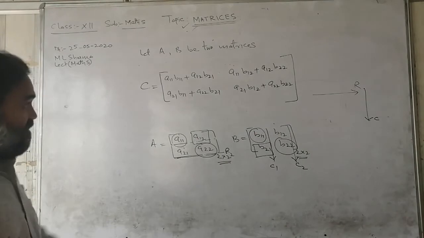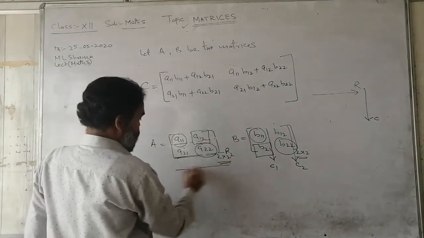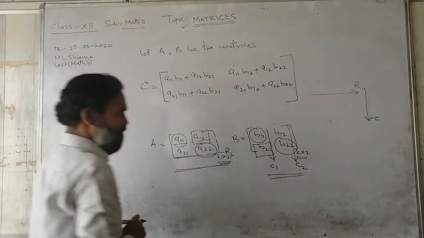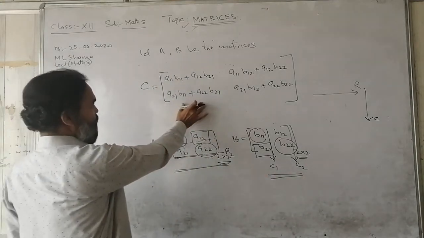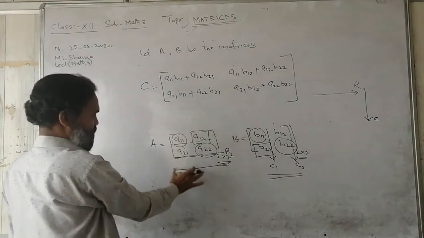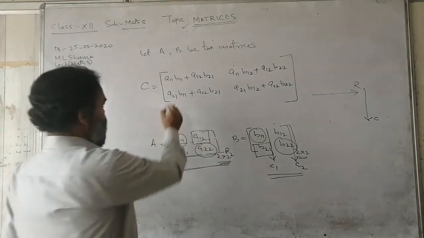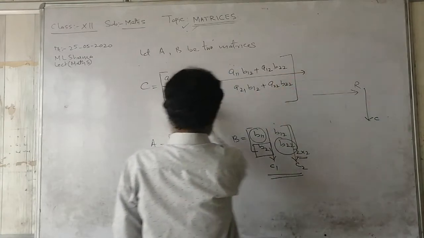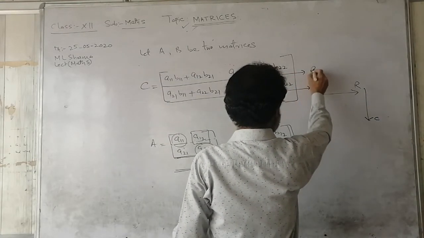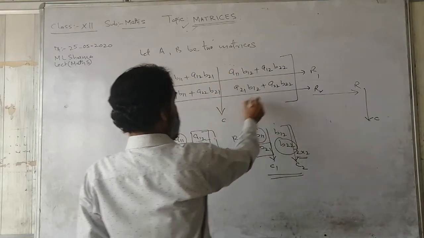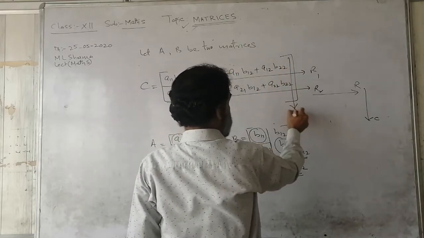So in this case, this was a 2 by 2 matrix, this was again a 2 by 2 matrix, and the matrix which has been obtained by multiplication is again a matrix. This is R1, this is R2, this is C1, and this is C2.